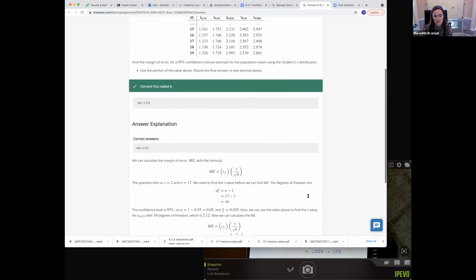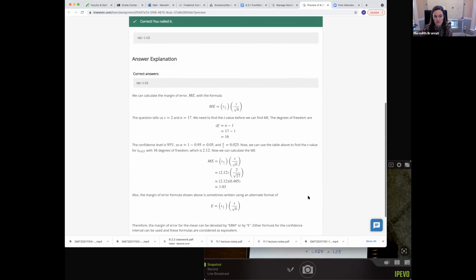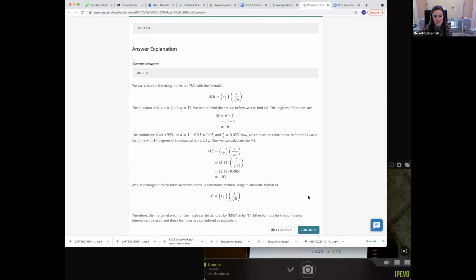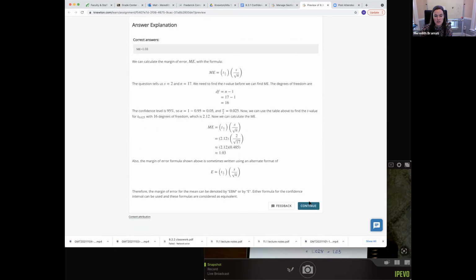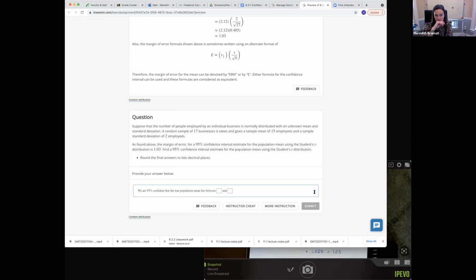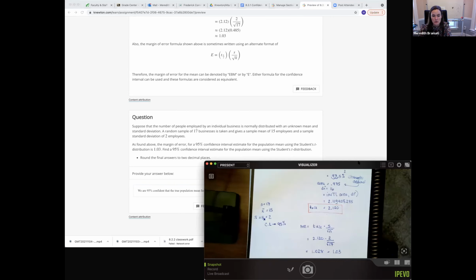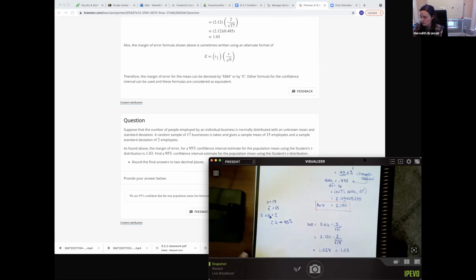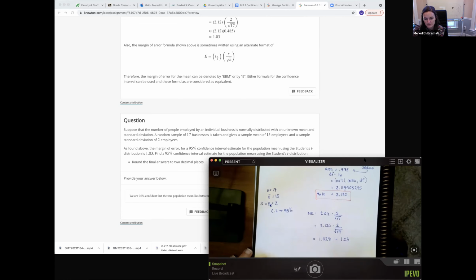Correct. Now, if you notice in Newton, it shows you how we got all of the information, the exact same process that we just went through. And then you hit continue, and now it asks you for the confidence interval. It uses the exact same information from above, but it wants us to give the confidence interval. Do you remember how to find the confidence interval once you've had the margin of error?